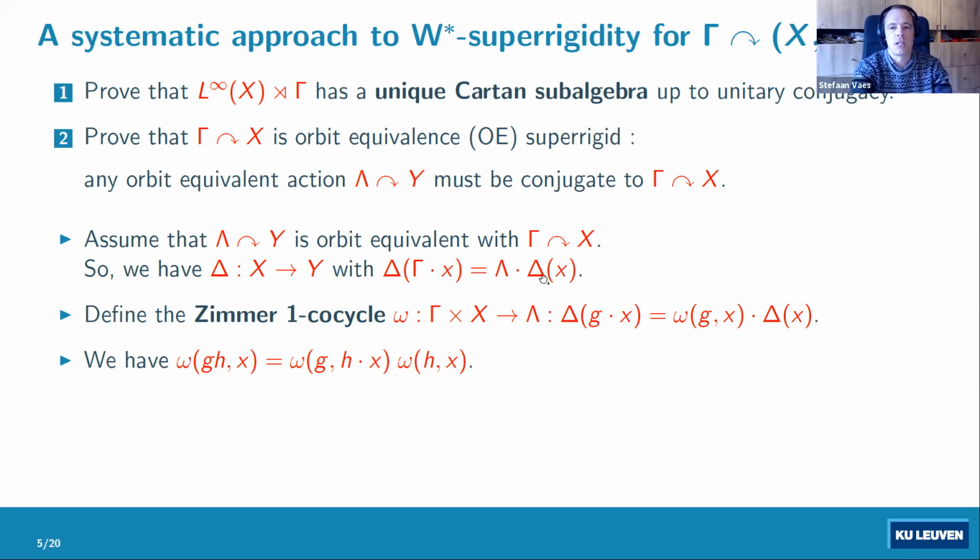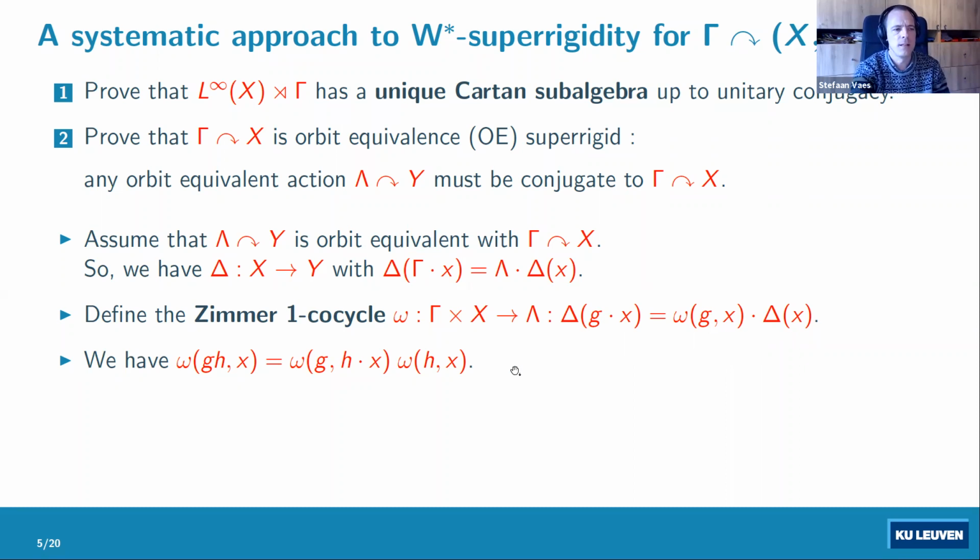Since the action is essentially free, such an orbit equivalence comes with a so-called Zimmer one cocycle, namely delta should map Gx to some element of lambda applied to delta x. Since the action is free, there is a unique such element that I call omega of Gx, and this induces a one cocycle. So this is the one cocycle relation.